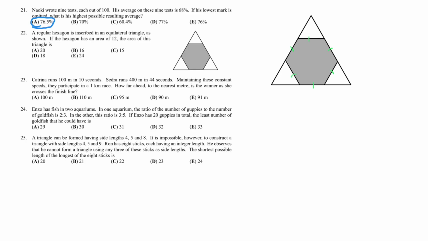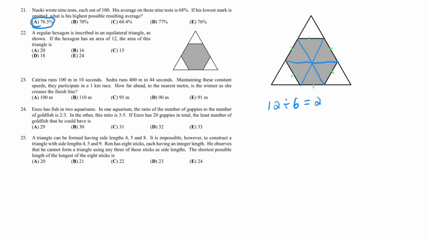So I connect all the diagonals. These 6 triangles are all equilateral and congruent. Total area of the shaded part is 12, divided by 6 is 2. Each of the 6 shaded equilateral triangles has area 2.